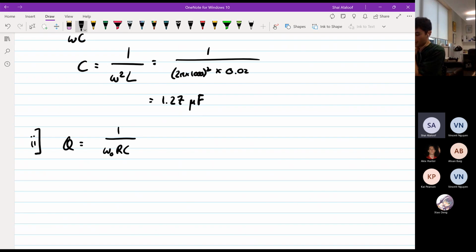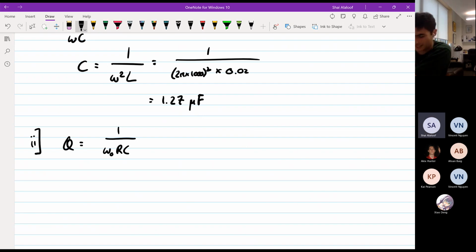But I always tend to forget them. The one with the parallel network, I think, is something with L on R and omega naught. Something like that.